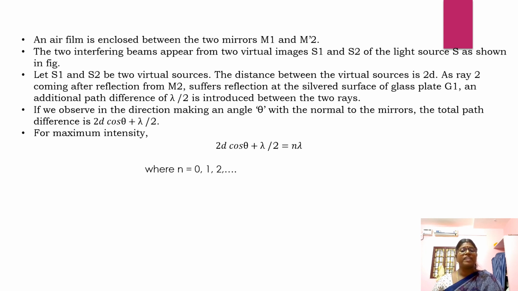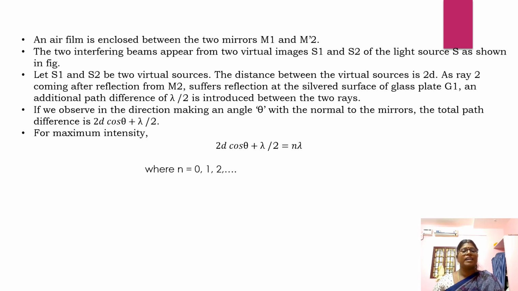The distance between the virtual sources is 2D. So a ray 2, the ray reflected from the mirror M2, suffers reflection at the silvered surface of glass plate G1 again. So an additional path difference of lambda by 2 is introduced between the two rays.